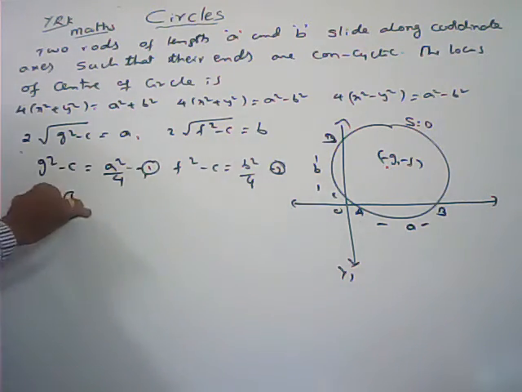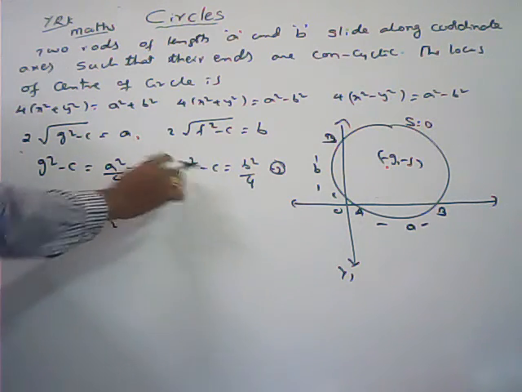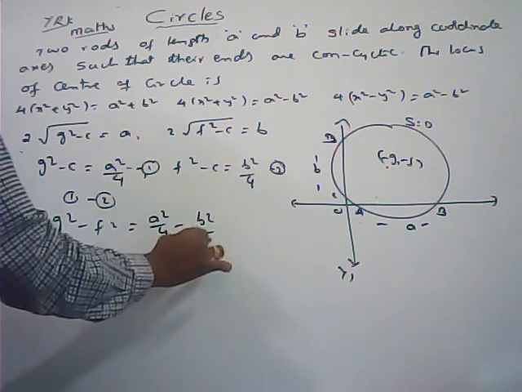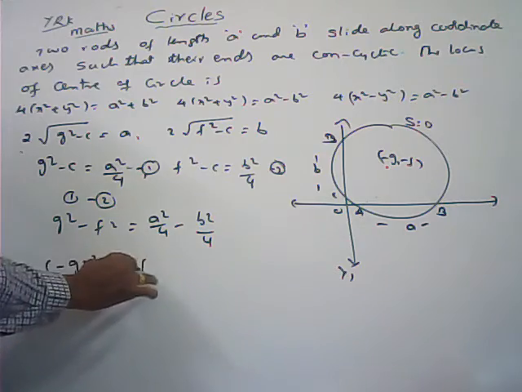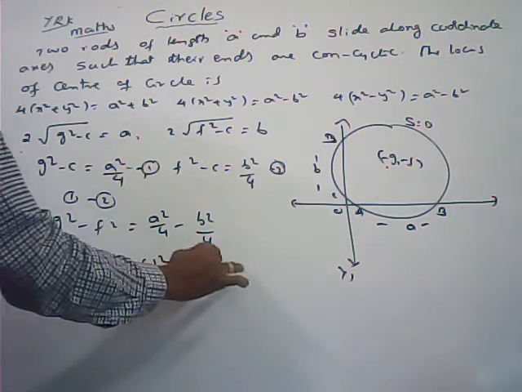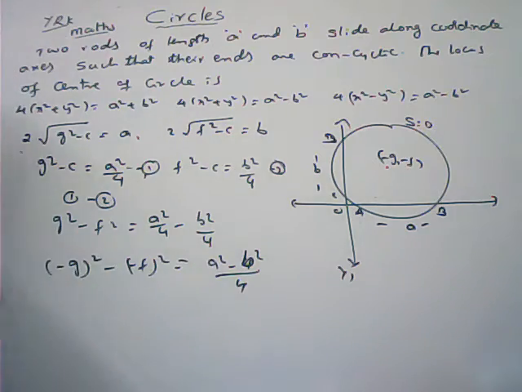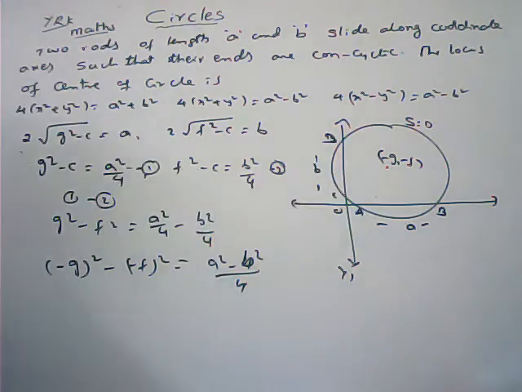Here what I am doing? 1 minus 2. g square minus f square, minus c plus c both get cancelled, equals a square by 4 minus b square by 4. g square we can write as (minus g) whole square, minus (minus f) whole square, equals (a square minus b square) by 4. So for the locus of the center of the circle, what I have taken is minus g, minus f.